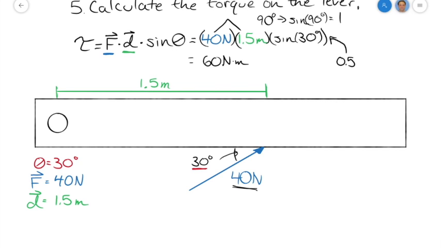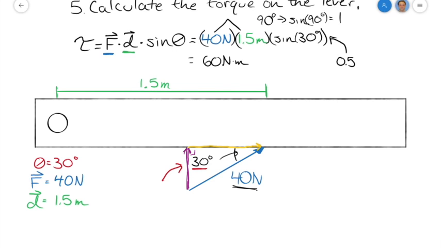And what that means is that if I took this angled vector and I dropped right from the end of it, right or perpendicular to the lever, and made a 90-degree angle, I'll use this one here. It is only this component that is actually contributing to the torque.